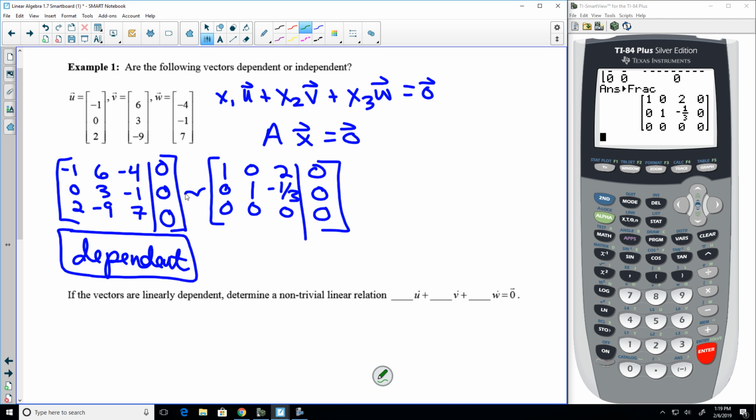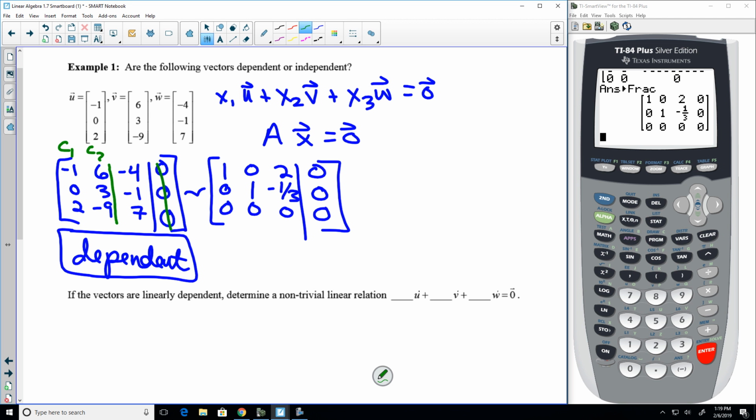Let's say forget the 0. Let's augment here. And I'm saying, give me two weights. We'll call them C's, but they could be X's, just to make it different. I need weights to multiply by this vector and this vector that'll equal that vector.